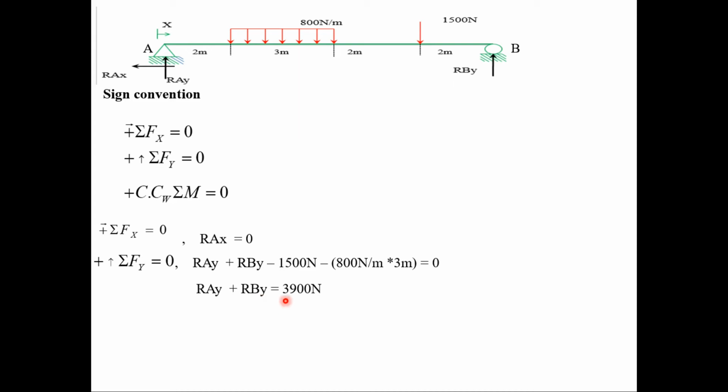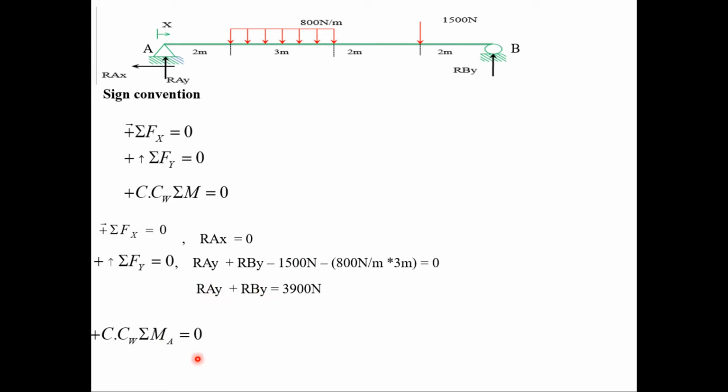Finally, using the moment equation, we will solve for either RAY or RBY. Since we have one equation and two unknowns, we'll use this moment equation to solve for either one of them.